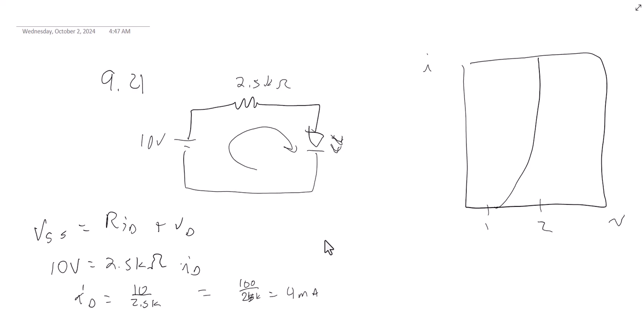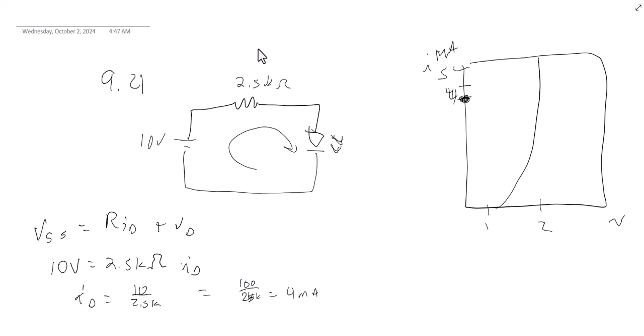And so that gives us our first point. This graph went up to 5, so we have, well, it's not very good, but 4 milliamps. So I was in milliamps.